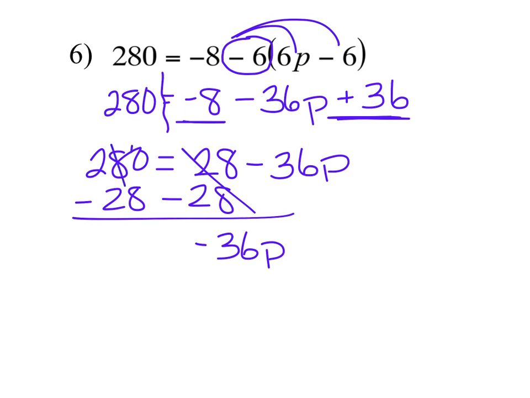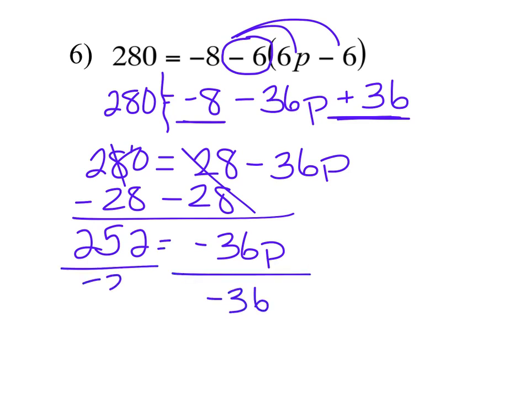So this is 252. So divide by negative 36. And P is big number. Okay, just use your handy calculator and you should get negative 7.